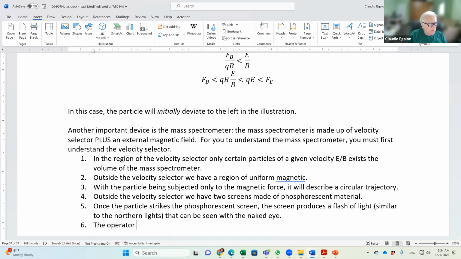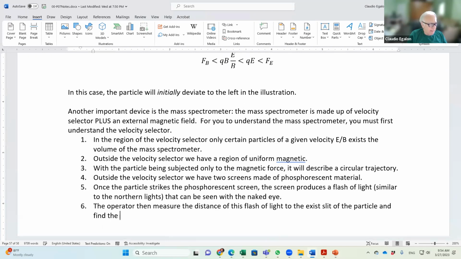The operator or scientist then measures the distance of this flash of light to the exit slit of the particle and finds the charge to mass ratio of this particle.